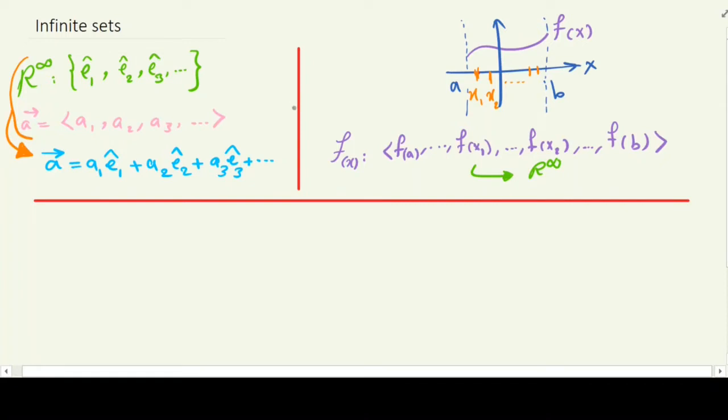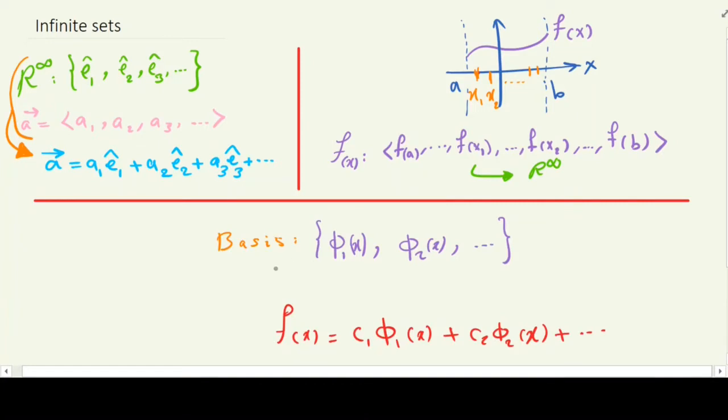And on the other side, we said that continuous functions can be thought of as vectors in infinite dimensional space. So the conclusion is that in the context of functions, we are dealing with infinite dimensional space. So we are dealing with R infinity, and that means that we need to have an infinite basis to generate any arbitrary function.